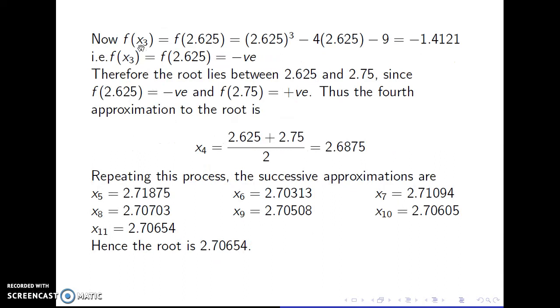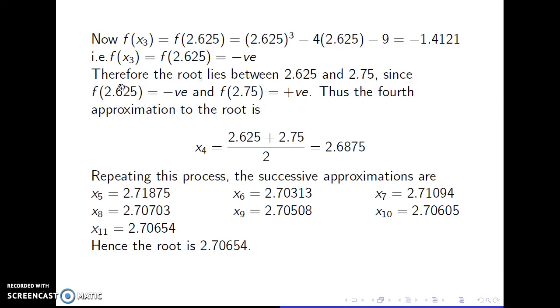Now for the third iteration, that is f of x3, we substitute x3 in the polynomial, and now we got this value to be negative, minus 1.4121. That is, f of x3 is negative, therefore the root lies between 2.625 and 2.75.